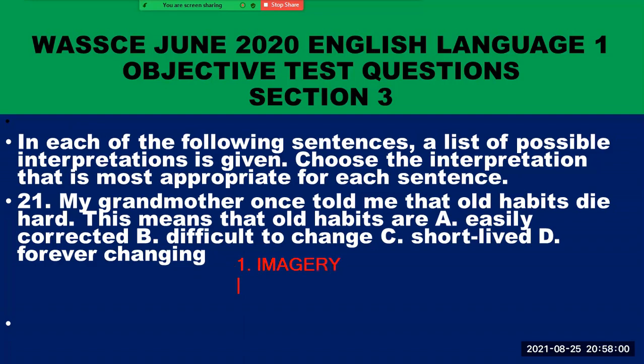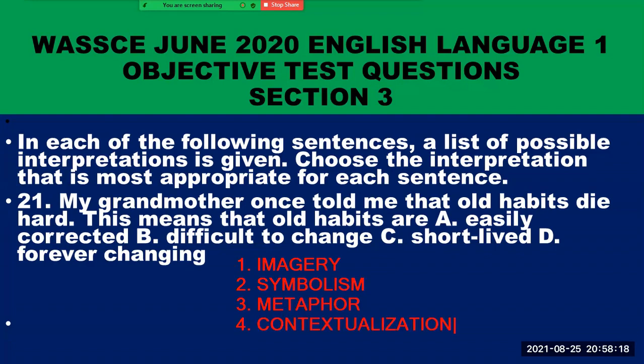The second one is symbolism. The third one is metaphor. And the fourth one is contextualization.